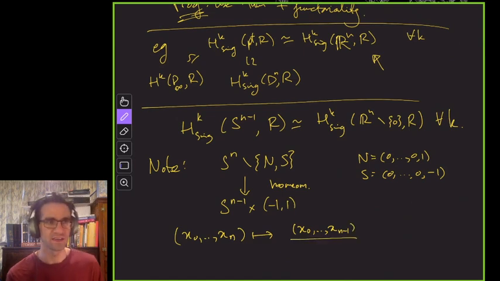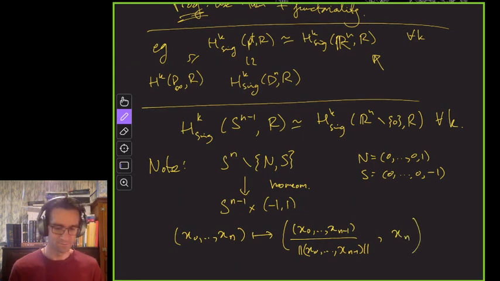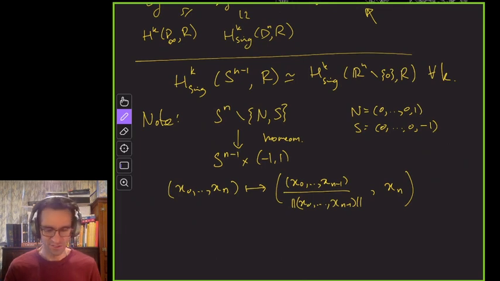Since x_n itself is never 1, at least one of these other things has to be non-zero, so I can normalize this, and then I drop my last coordinate in that spot there. You might have fun reconstructing what the continuous map in the other direction is like. When you think, okay, why is this continuous? Again, everything's kind of sitting inside R^n, so you can use sequential notions of continuity.